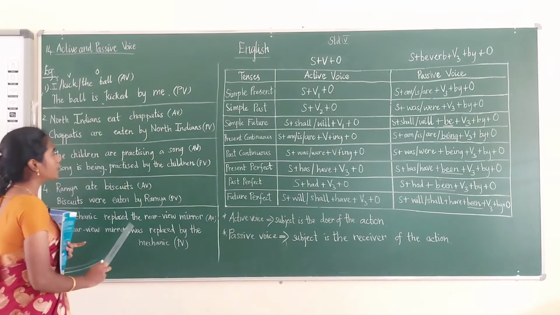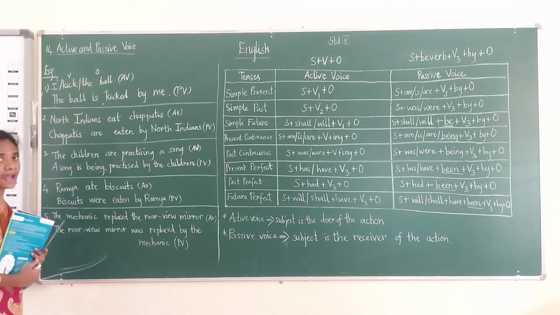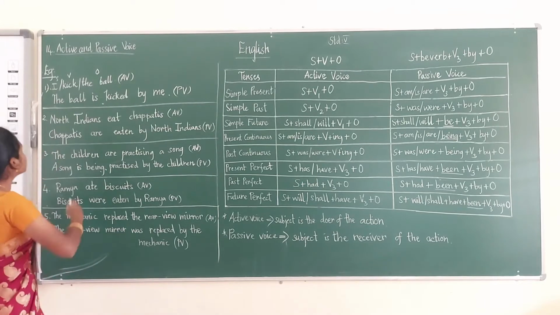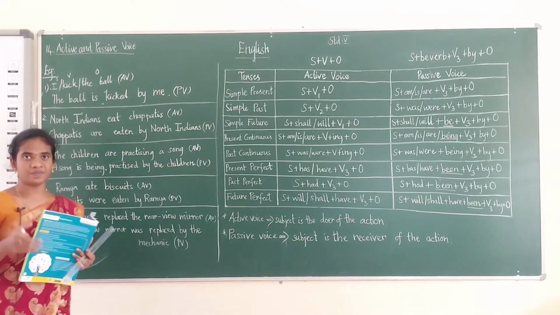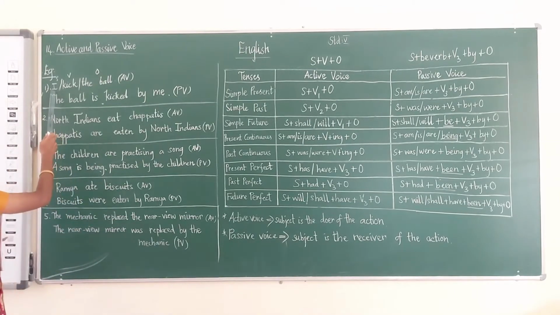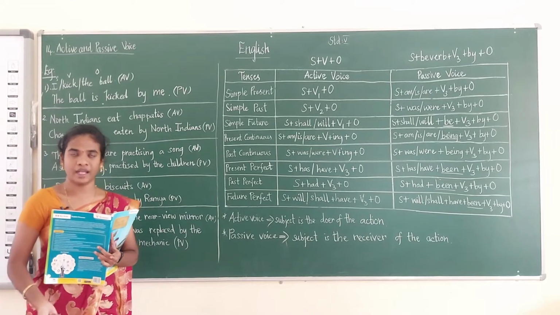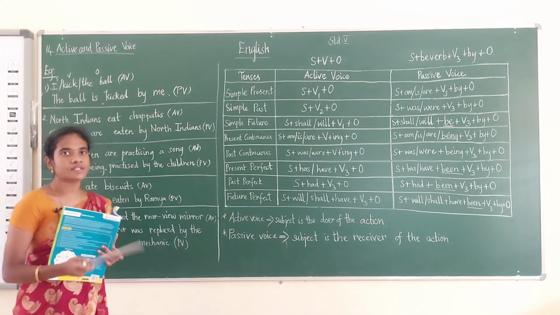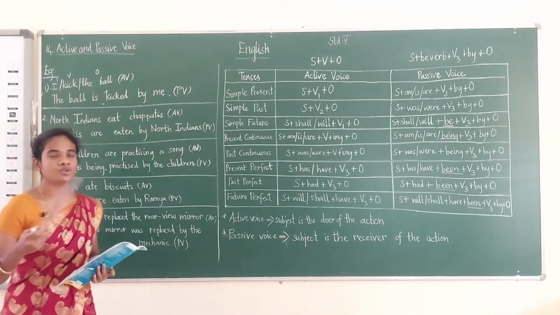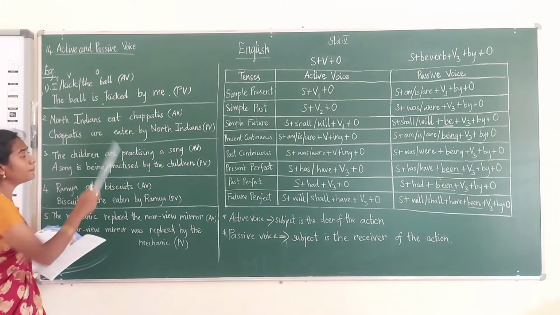Now look at this example. I kicked the ball. So it is in the active voice. First we have found the subject, verb, object here. If the subject is a noun, we can easily write the noun, the name of a person or anything. But if they give us a pronoun as the subject, we have to change I into me.